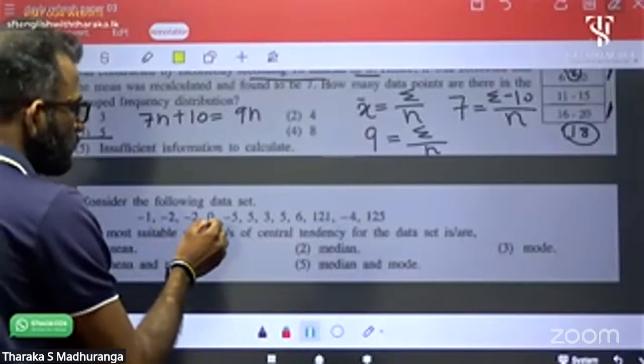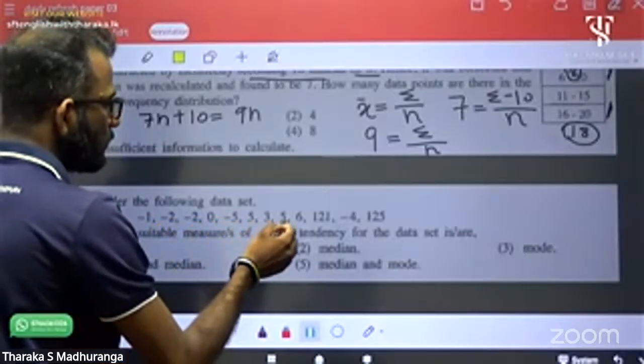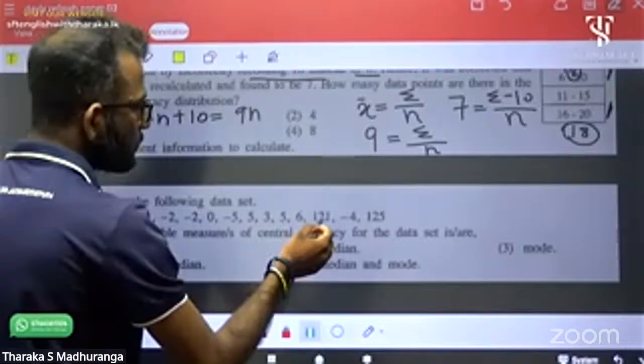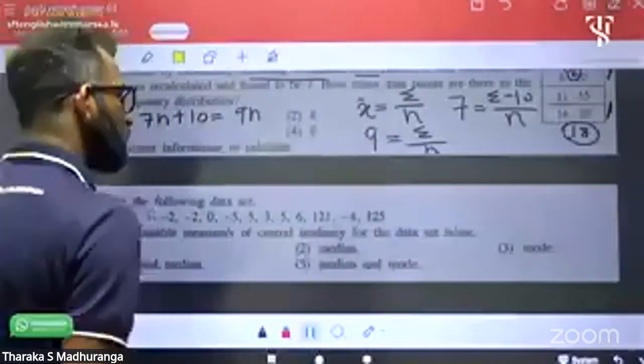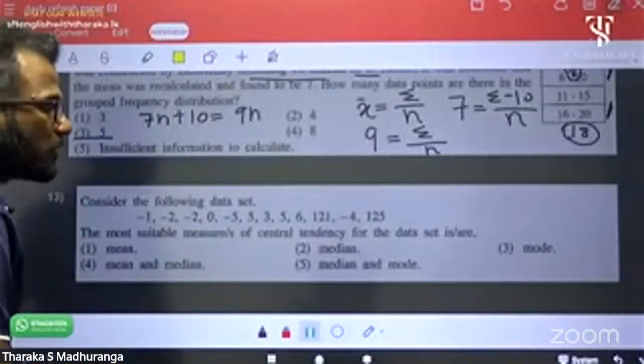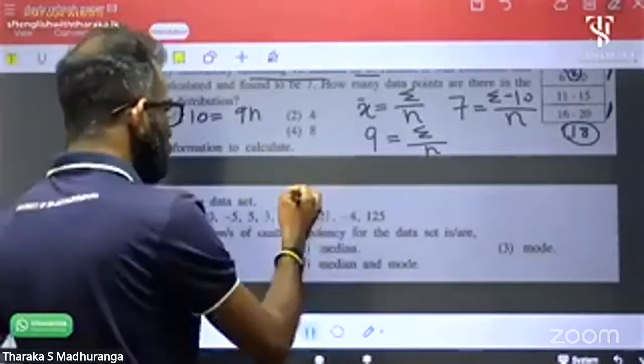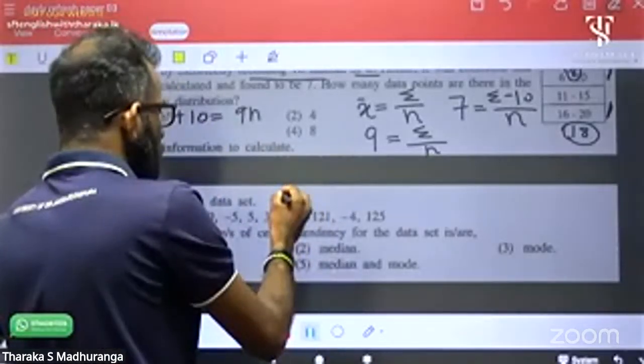1, 2, 3, 4, 5, 6, 7, 8, 9, 10, 12. It is not in ascending order. First, you have to arrange it in ascending order.